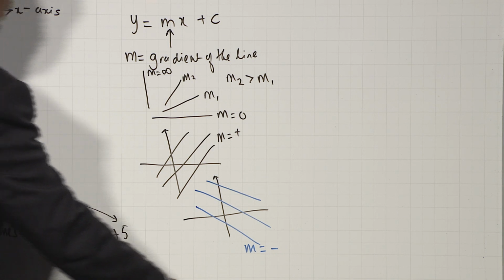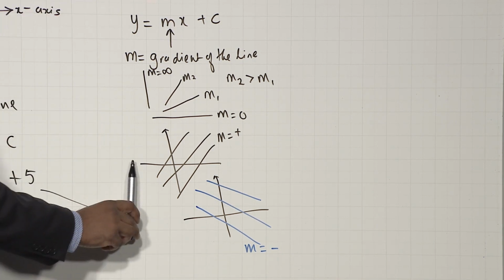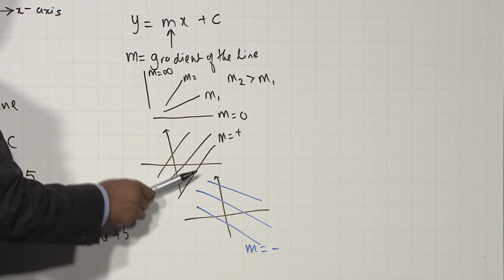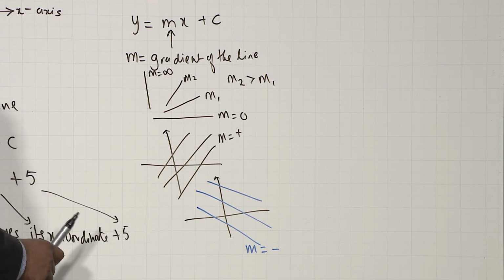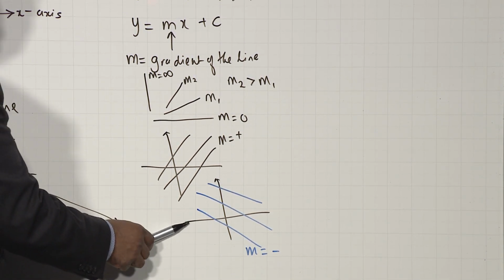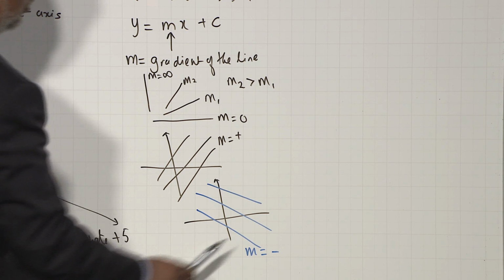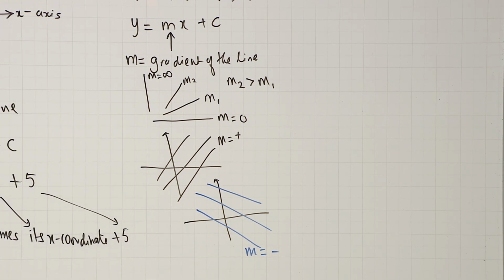Now, how do we recognize that? As we move from left to right, the y-coordinates are increasing. Here, as we move from left to right, the y-coordinates are decreasing, so negative gradient.